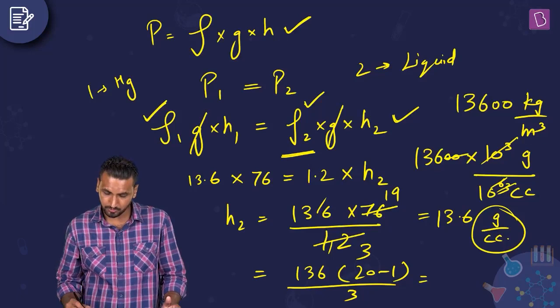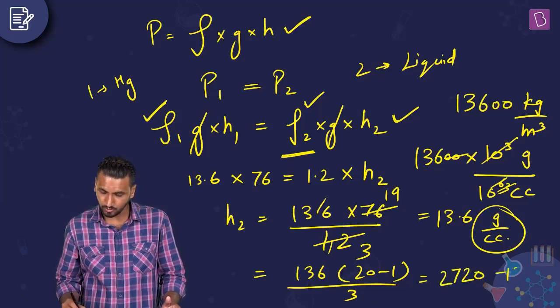So 136 into 20 is 2720, minus 136, divided by 3.